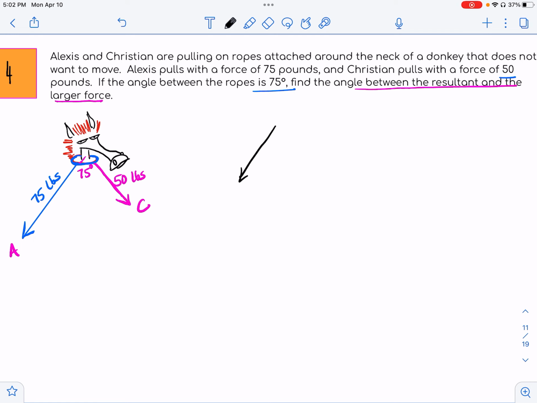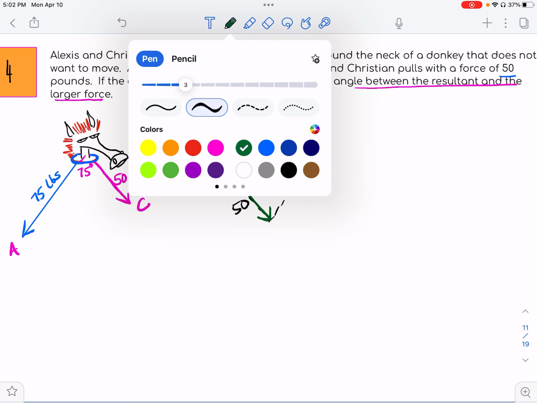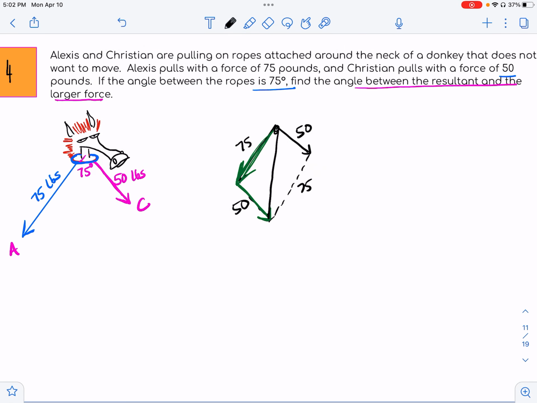If you notice, I have 2 vectors here, a 75-pound vector and a 50-pound vector. To be able to find the resultant force, I have to complete the parallelogram and put the equivalent vectors on either side. So if that's 50, that's 50, and that's 75. I'm going to use the first vector, 75, the Alexis vector, add to it Christian's vector, and the resultant vector is from start to finish.